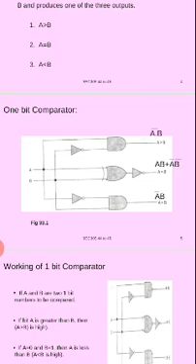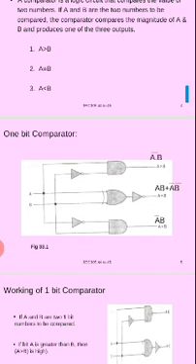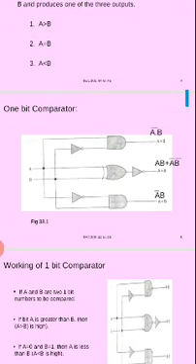Hence, it is A B bar. And the second output is AB plus A bar B bar. And the third output is A bar B.